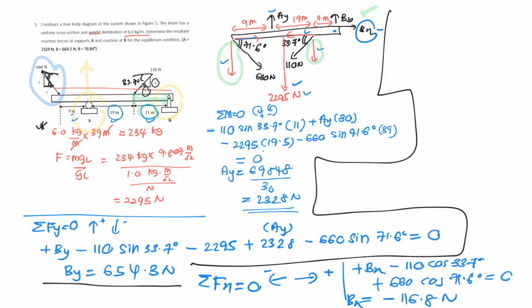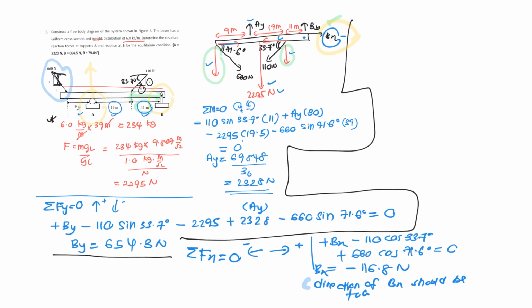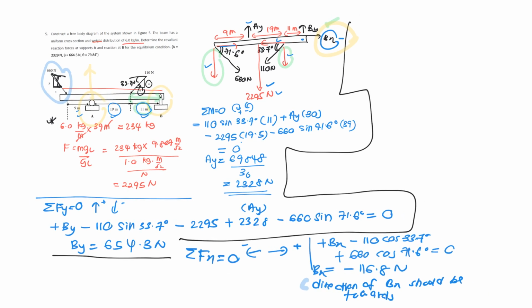Okay, which means that, what does it mean? It means that my assumption here is wrong. It means that my Bx should be to the left to balance out all the X components. Okay, so I need to give a statement here, so I put it as the direction of Bx should be towards the left.